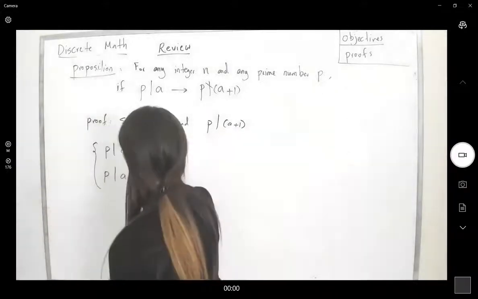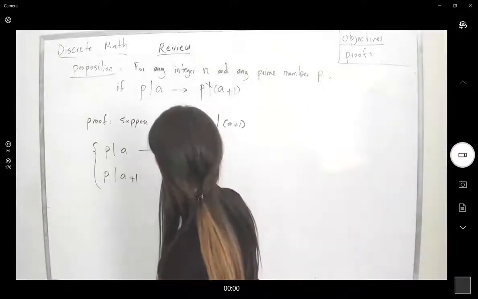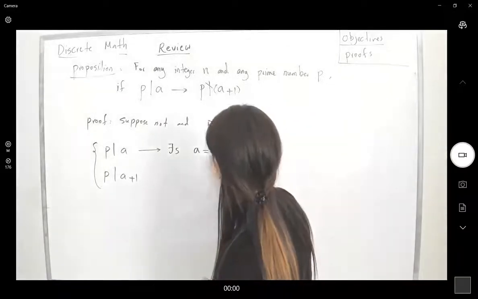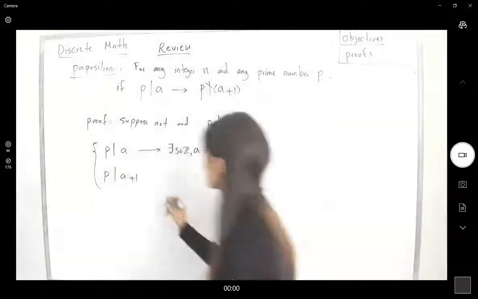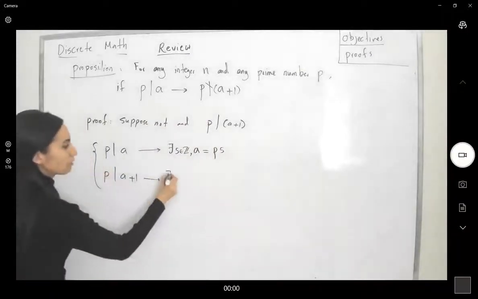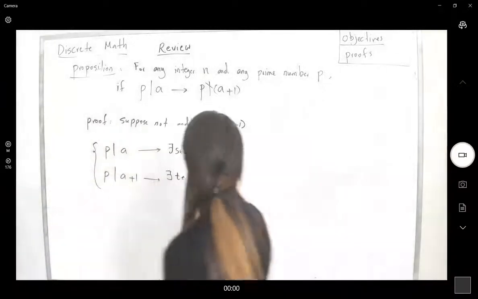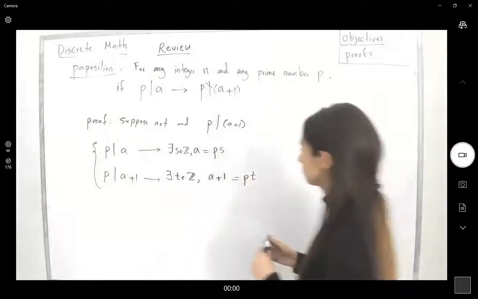By using the definition, we can find an integer like s, such that a can be written as p times s. It means that we can find another integer like t, such that a plus 1 is equal to pt.